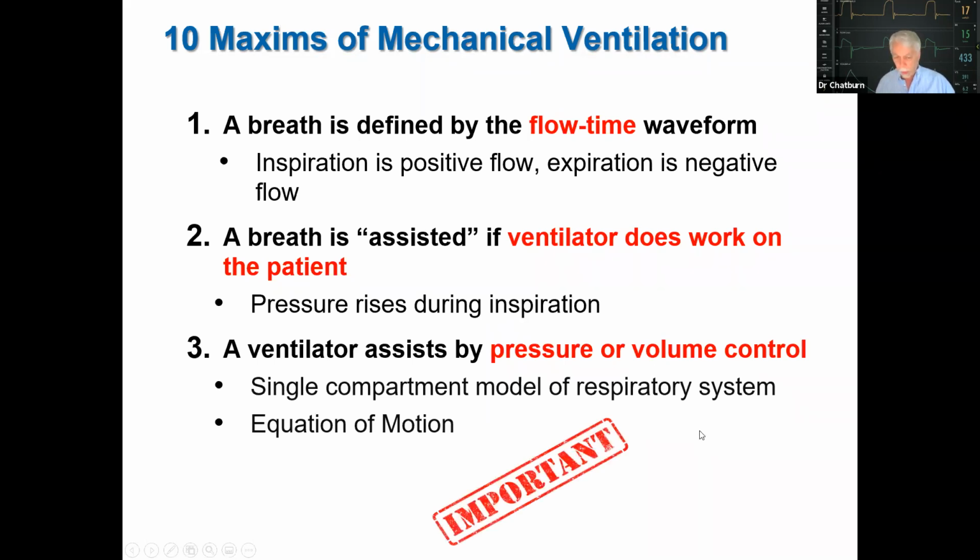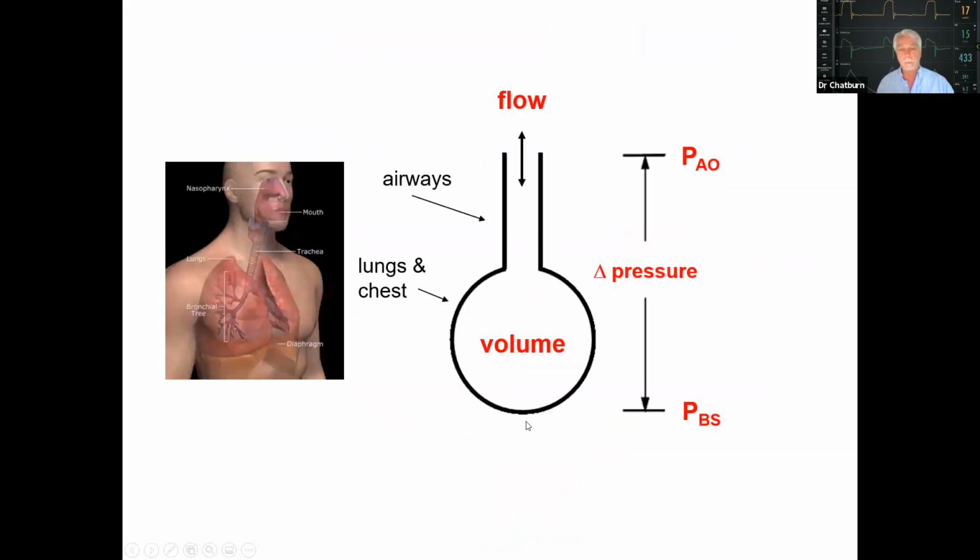And now we come to the third maxim, which is perhaps the most important central concept in all of mechanical ventilation and pulmonary function, for that matter, as far as I'm concerned. And that is that the respiratory system is modeled mathematically or physically as a system that has pressure and volume changes and is described in terms of what we call the equation of motion.